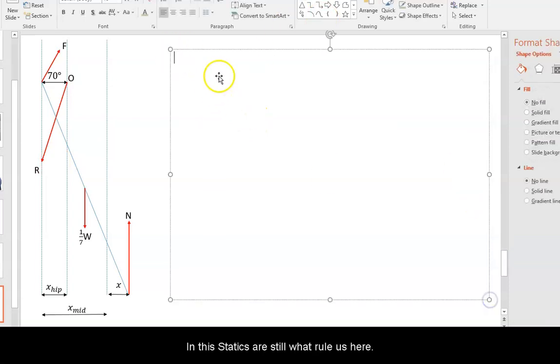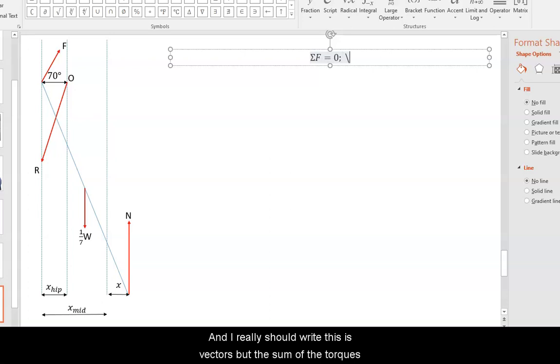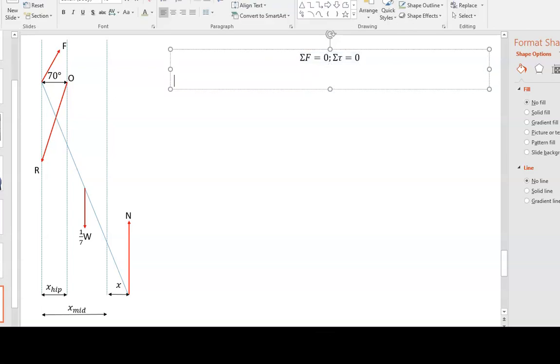In this, statics are still what rule us here, right? The sum of the forces equals 0, and I really should write this as vectors, but the sum of the torques equals 0. That's still where we are. So let's look at vertical forces. What are the vertical forces?